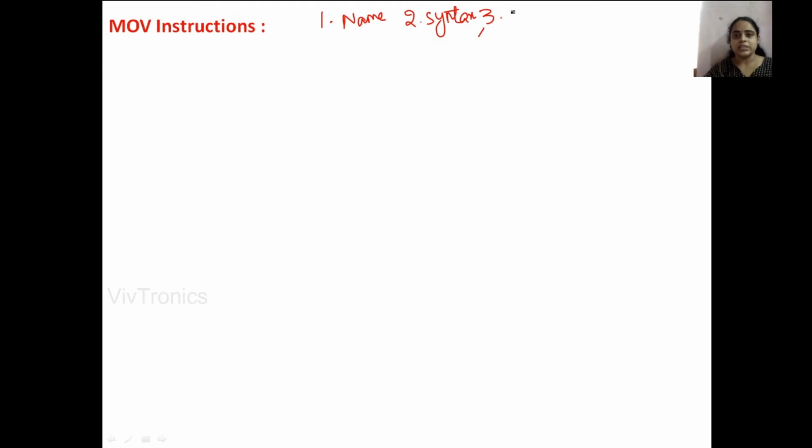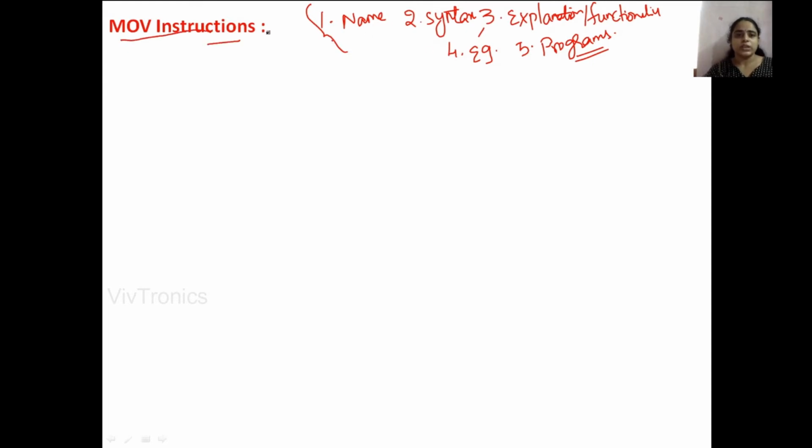Third one is explanation, or the purpose or functionality of that particular instruction. Fourth point is examples on that instruction. Fifth point is programs on the particular instruction. If possible, I am going to present all the instructions in these 5 points.